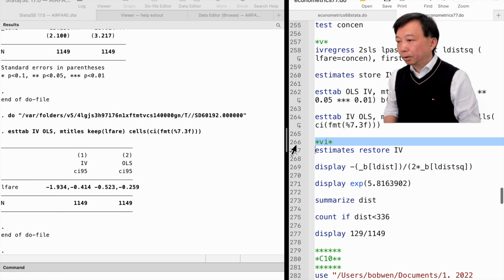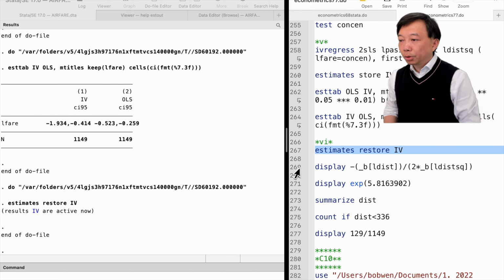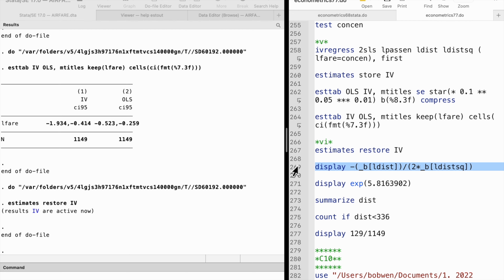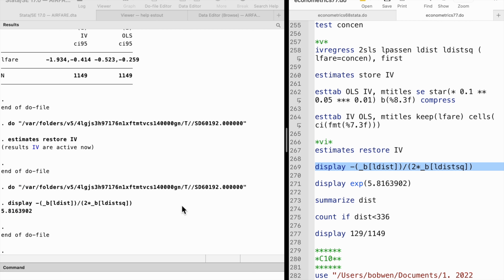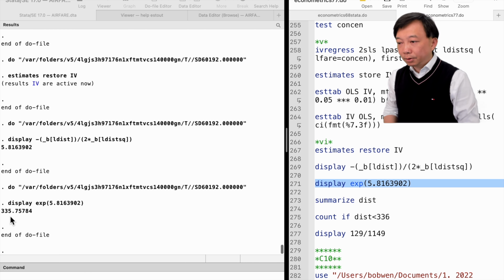We can calculate the turning point. At the turning point, the first derivative of log passenger with respect to log distance equals 0. We use the estimates restore command to record the IV estimates. Then we compute the turning point distance. It is around 336 miles.